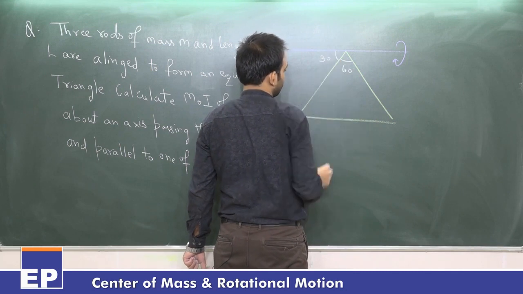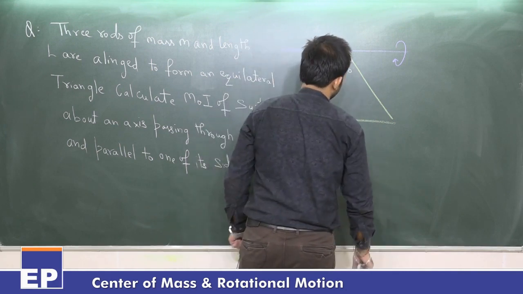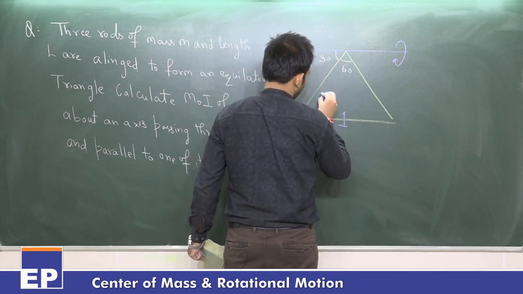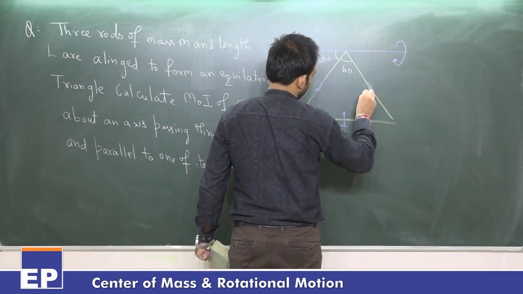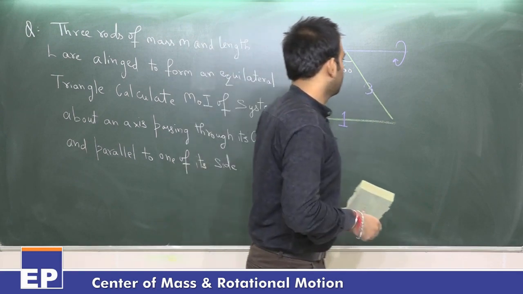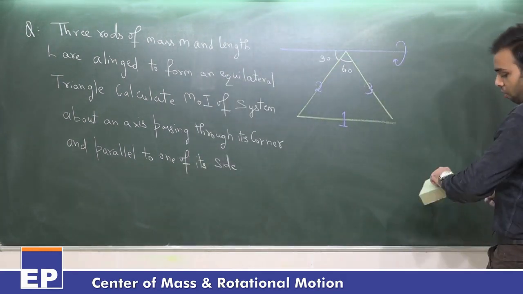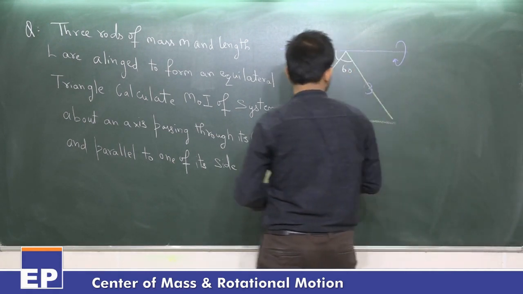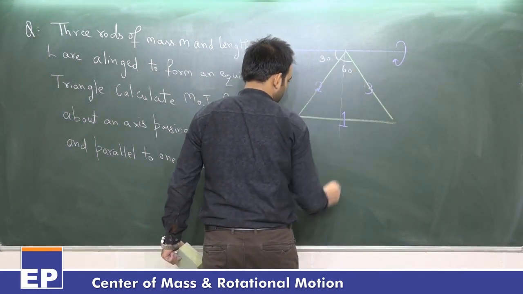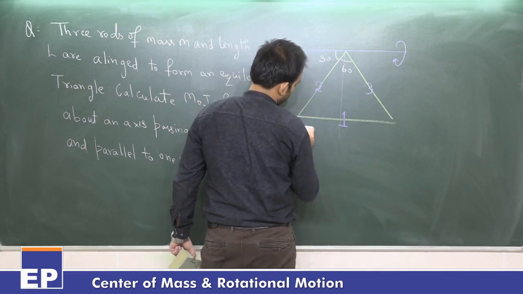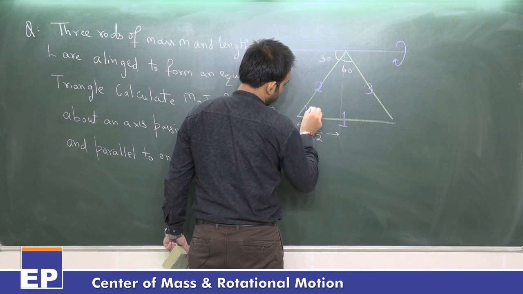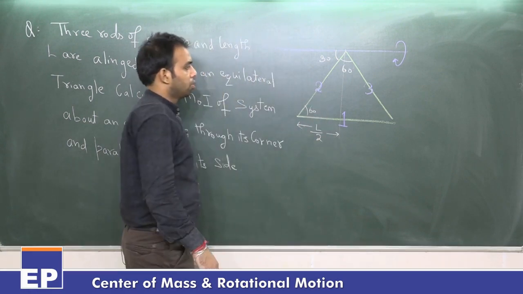If we name these three rods, this is the first rod, this is the second rod, and this is the third rod. So the first rod is directly at a distance from there. This distance is L by 2, you can directly find it. This is 60 degree, so this will become what?